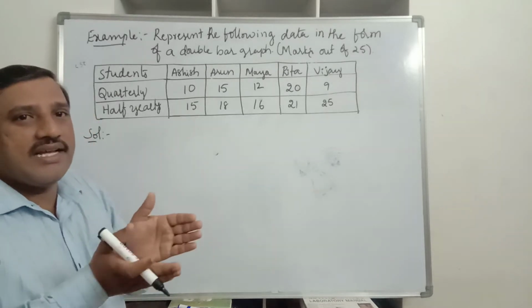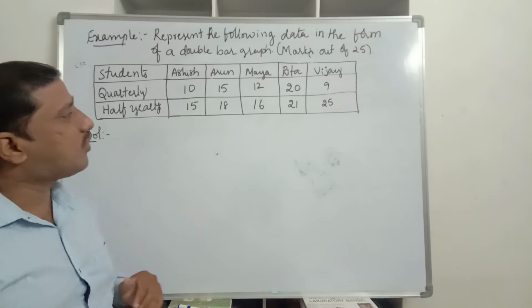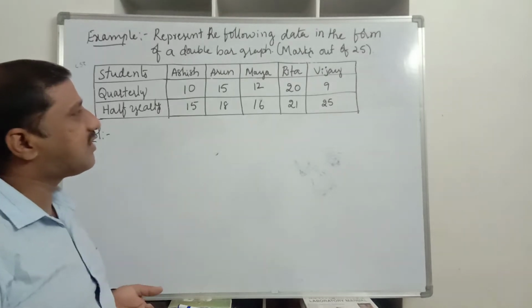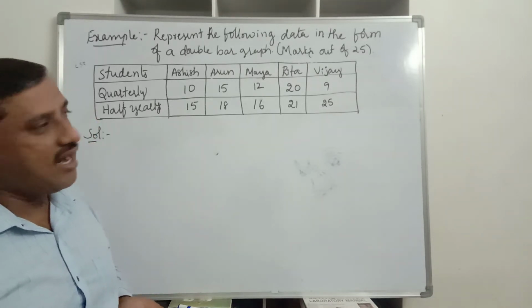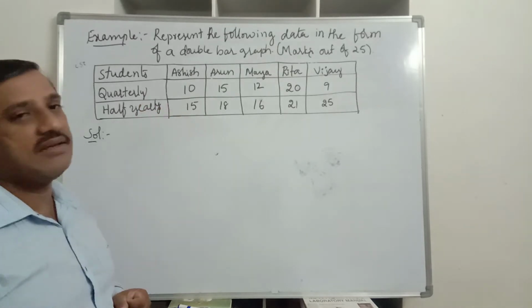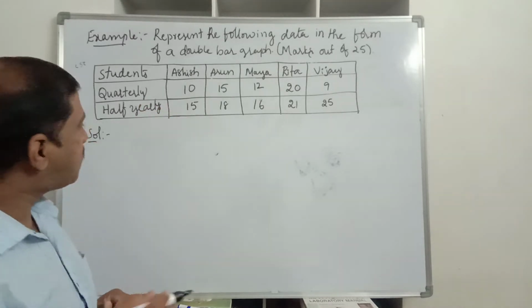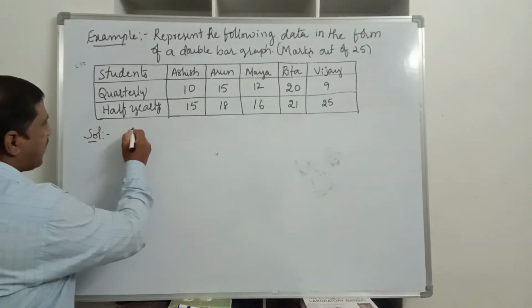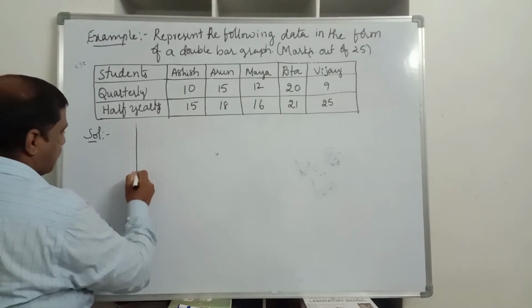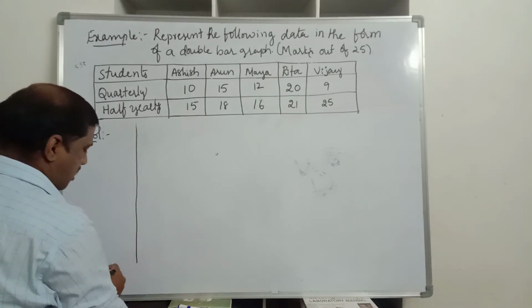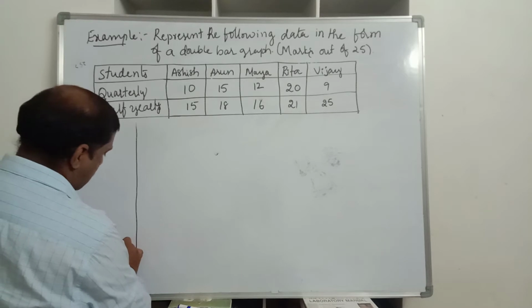It is a very small figure we will get. So better take 1 centimeter equals 5 marks as the scale, and represent this data in the form of a double bar graph. So how to draw a double bar graph? Take one vertical line and one horizontal line and draw them.